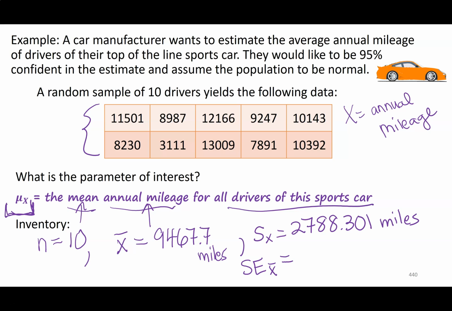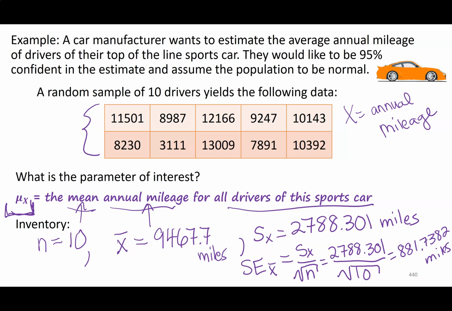That's going to be just sx over square root of n. I recommend plugging this all into your calculator, not rounding until the end, because I end up getting something like 881.7382 miles, and that's without rounding.